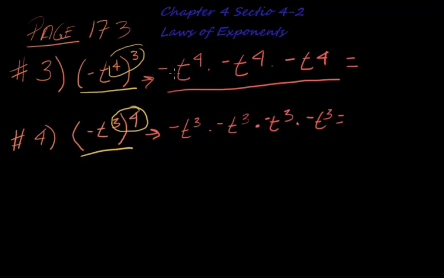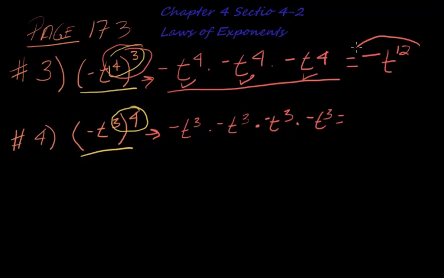So listen, 1, 2, 3 negatives up here: negative times a negative is a positive, times a negative is a negative t, and add exponents. 4 plus 4 is 8, plus 4 is 12. How would I get that? I get that by multiplying these exponents.